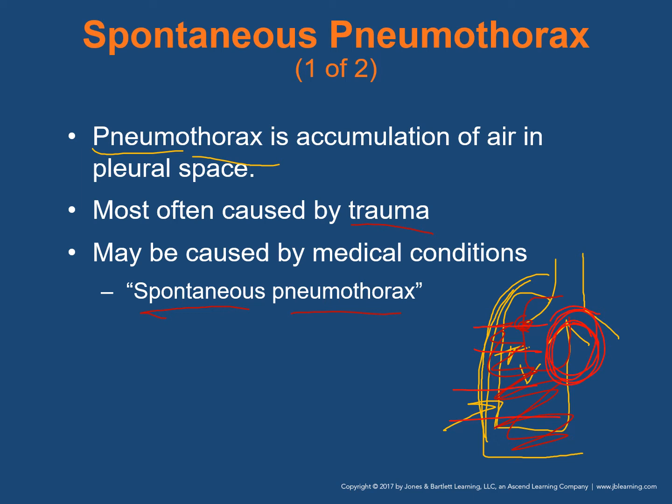So we get a decreased cardiac output, low blood pressure, and those kind of things. That's caused from a tension pneumothorax. And again, we will talk about all this in separate chapters, but this is just a basic overview of things that can cause dyspnea and shortness of breath.